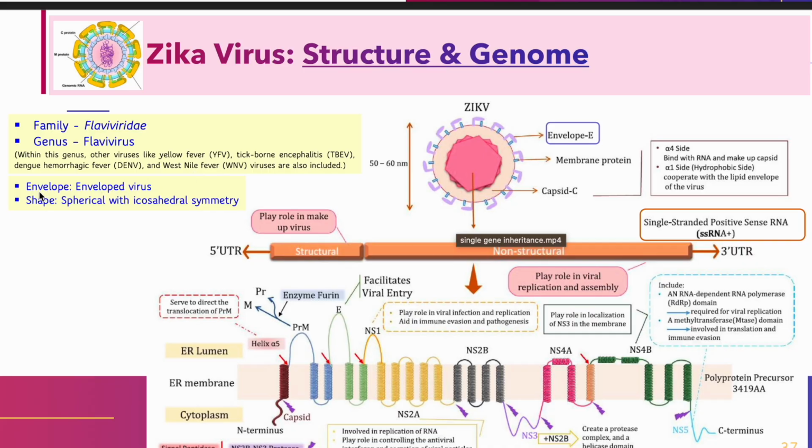It has an envelope like the dengue virus, and the shape is spherical with icosahedral symmetry. The size is about 50 to 60 nanometers. It has a capsid and membrane protein.